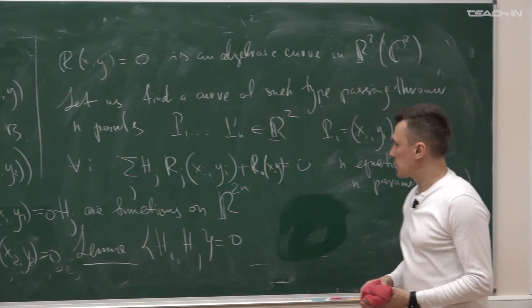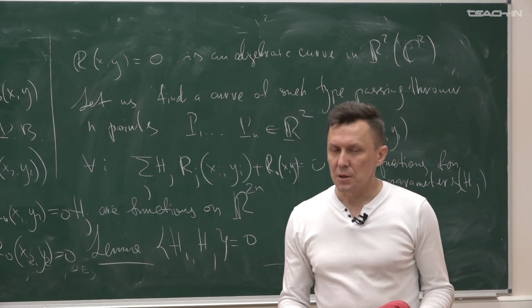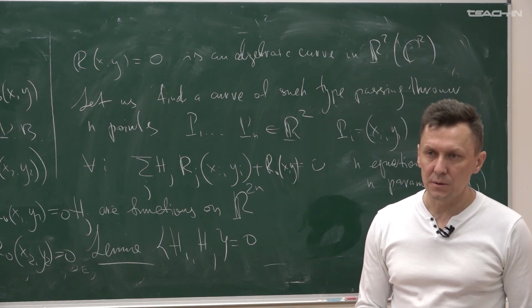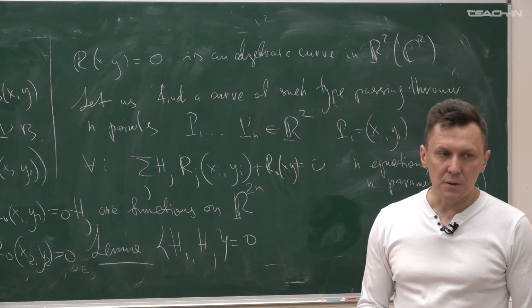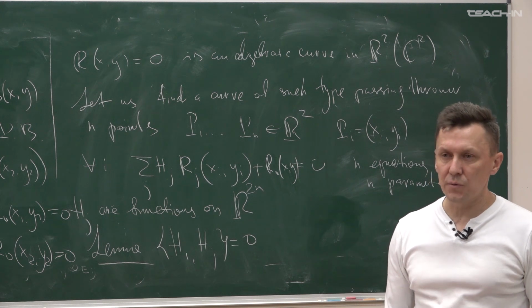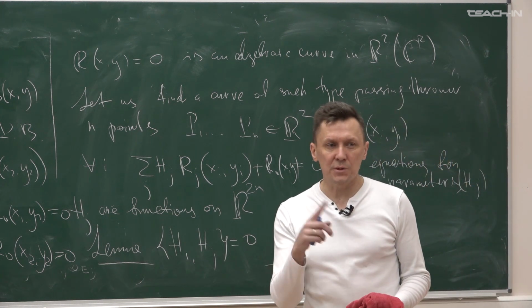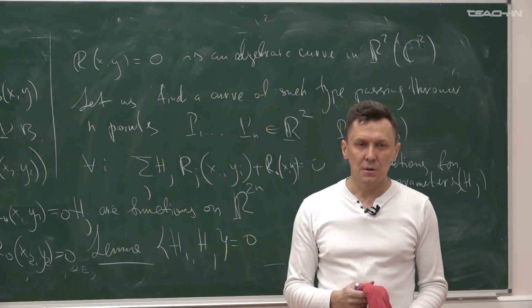Do you know the classical theorem about quadrics and 5 points on the plane? That for a general choice of 5 points, there is only one curve of second order which passes through 5 points.